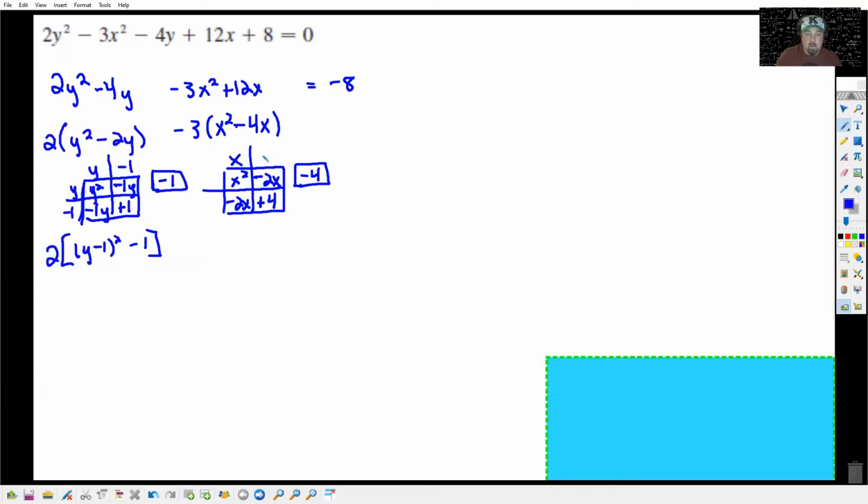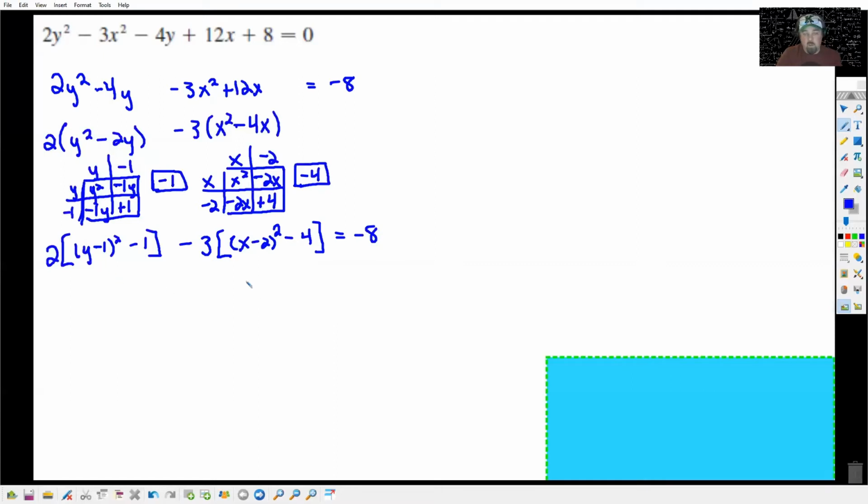This is going to factor into x minus 2, x minus 2. Now we'll go to our answer. Don't forget about that negative 3 we factored out. And we're going to get x minus 2 times x minus 2, which is where we get the x minus 2 squared, and our minus 4. And all of this is still equal to negative 8.